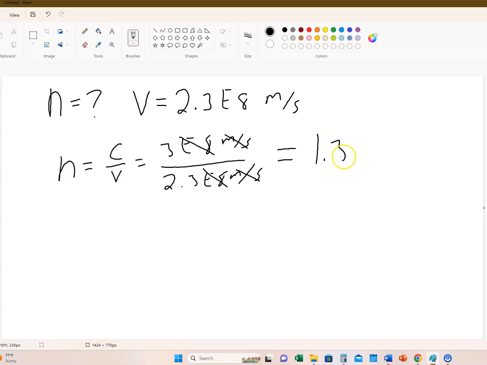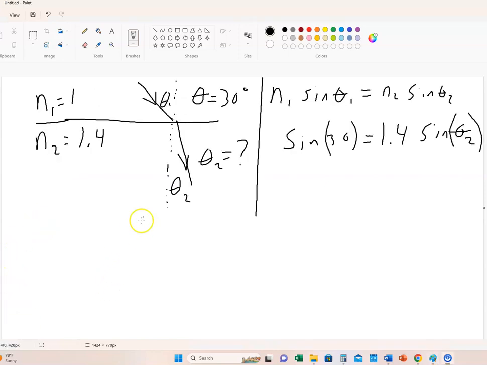All right, so there's another problem. Here's a Snell's law problem. We have light incident upon a medium. It's going from N1, which happens to be 1. Let's assume that's air.